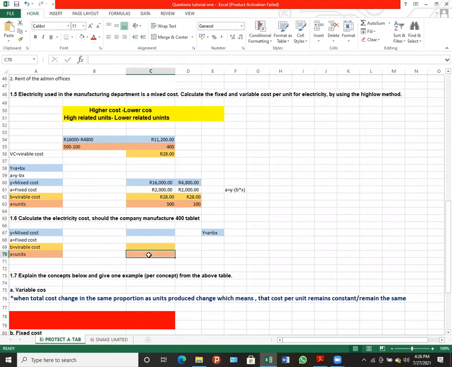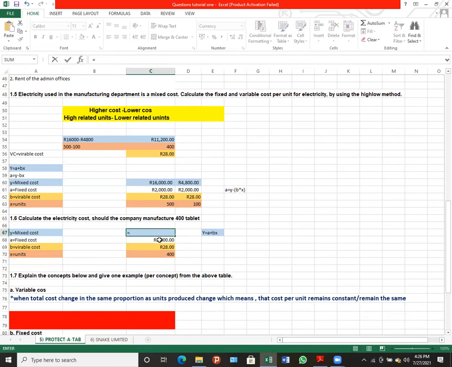Okay, guys. 100 is your unit, right? And then this one is from this one, and this one is from this one. Now you apply the formula, guys.